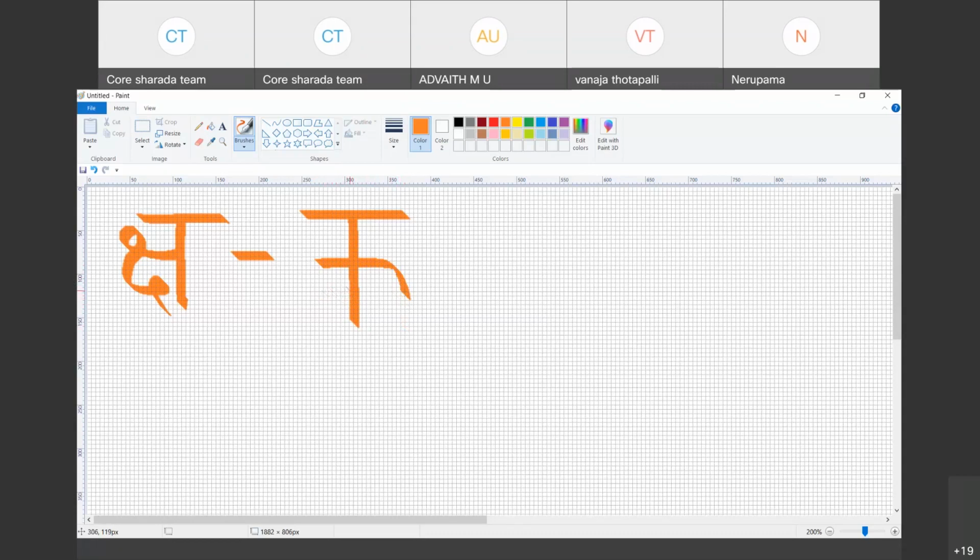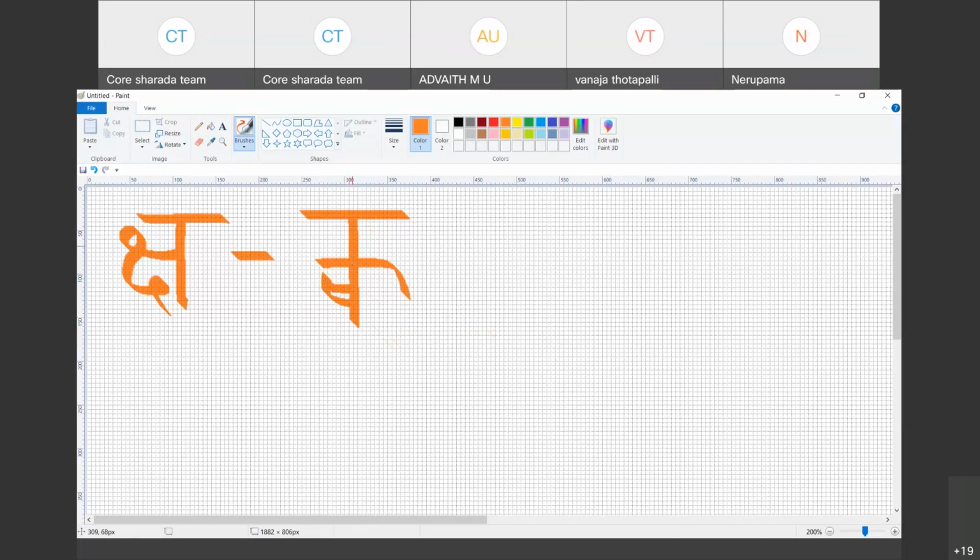Now from this end, again from this left side, we will draw the sh from the last varg of Varnamala, that sh we will draw here. And this is Ksha. This is the combination of two letters.